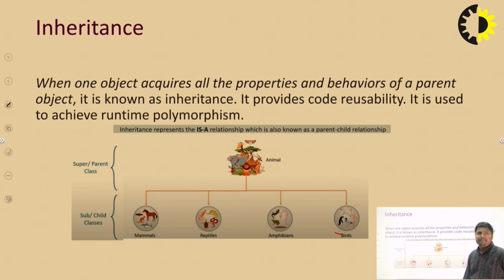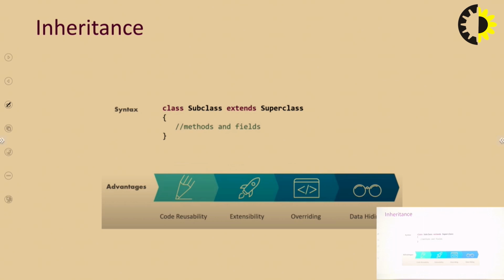The syntax of inheritance is class, then the subclass, extends, then the superclass. And here you will define the methods and fields. What are the advantages of inheritance? Code reusability, extensibility, overriding, and data hiding.